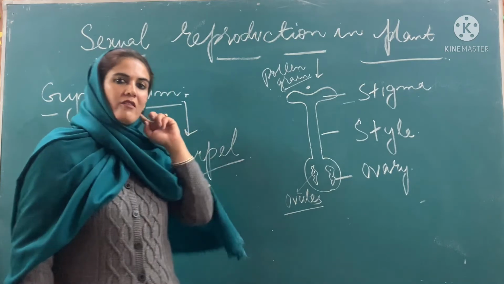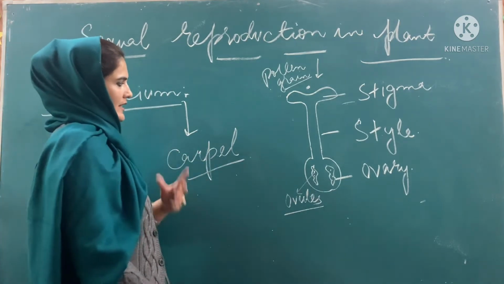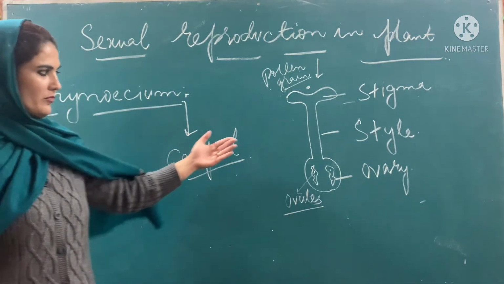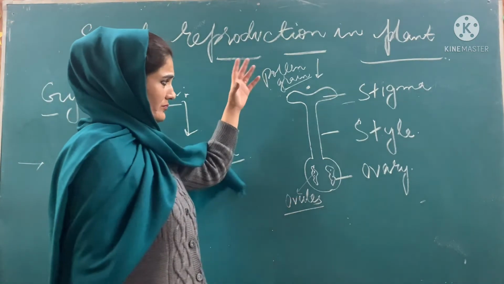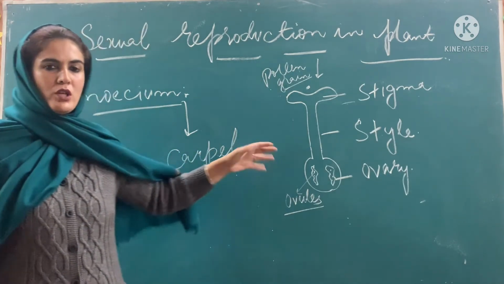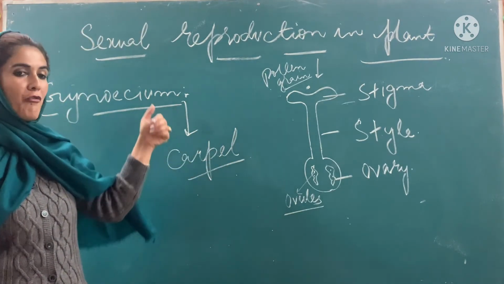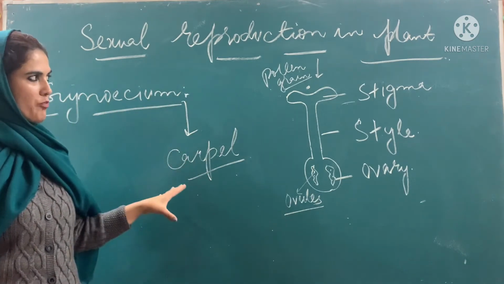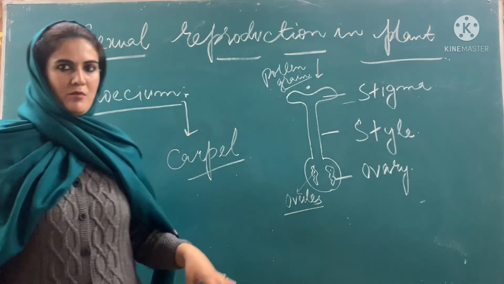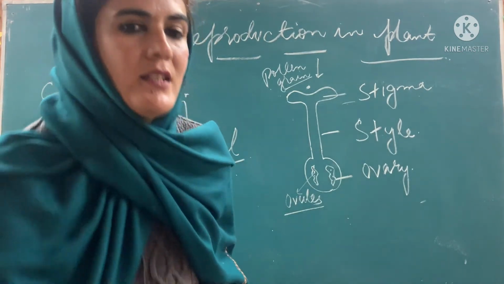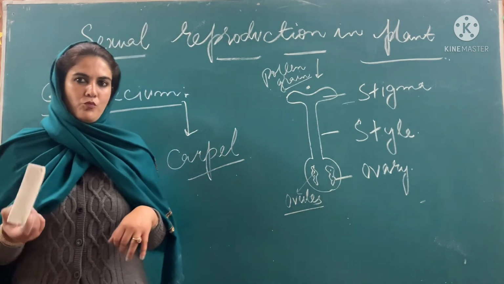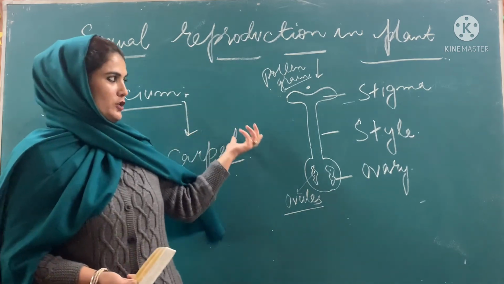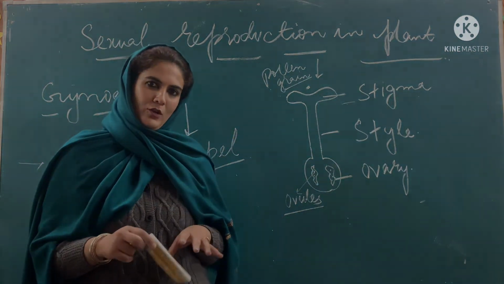In the ovary we have ovules, and there is one egg cell present there. Then we will discuss how fertilization takes place in a flower. So this was all about the gynoecium, the female part. Now we will discuss the process of fertilization in plants in the next video.